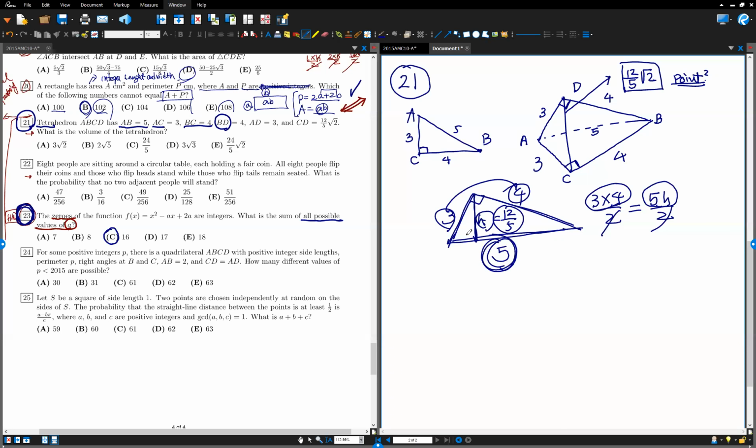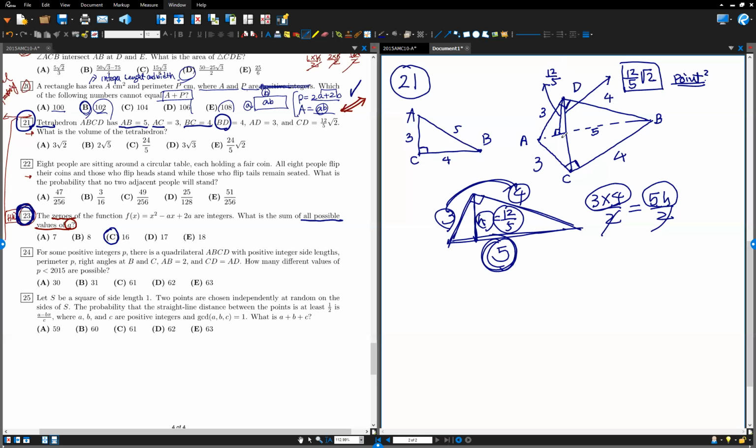Some students who already know this rule know that when you draw the perpendicular, it is 12 over 5. Believe it or not.